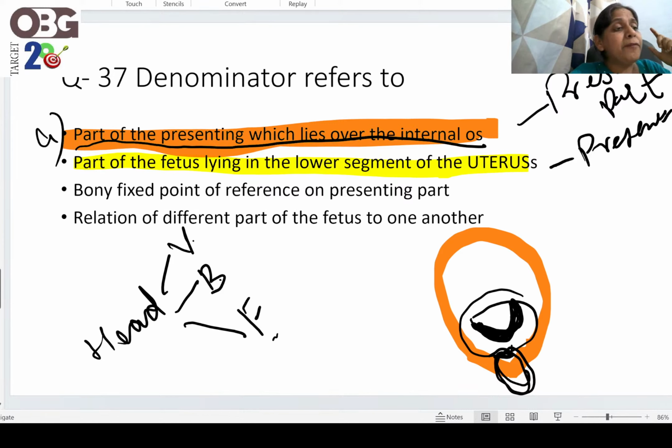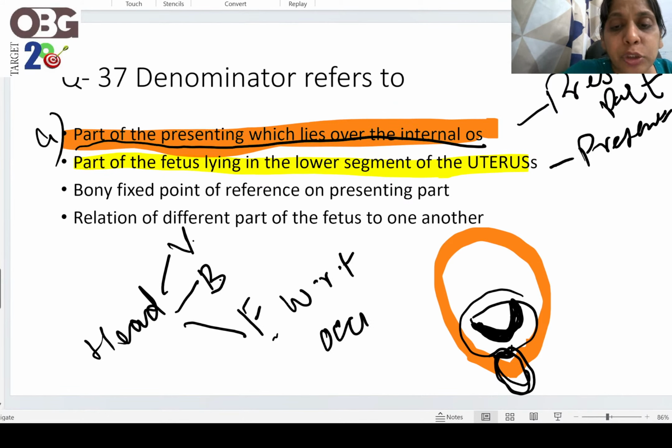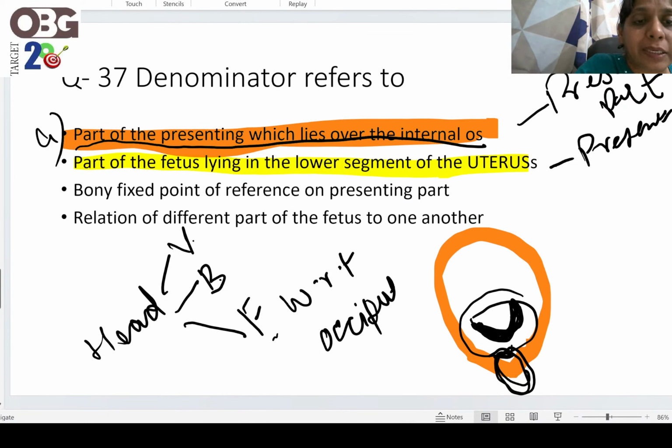अब इंटीरियर फोंटानेले या पोस्टीरियर फोंटानेले कहाँ है पेल्विस में? लेफ्ट में है, राइट में है, तो हम ये कैसे बोलेंगे? ठीक है, तो हम ये बोलेंगे with respect to occiput, because occiput is the denominator. What do you understand by denominator?